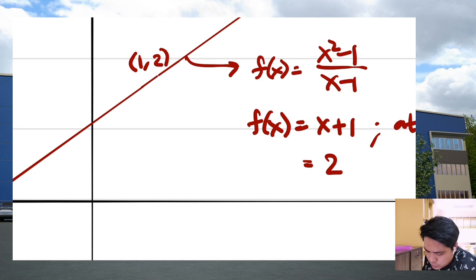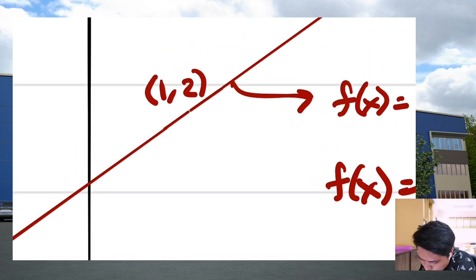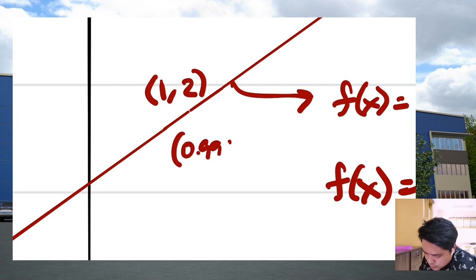Pero values close to 1 and close to 2 for f of x exist, di ba? So that means, let's say etong point na sobrang lapit but not equal to 1, that would be 0.99999, and yung pares niya of course is 1.9999.